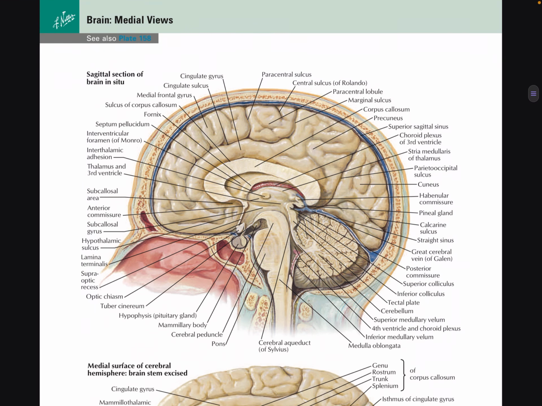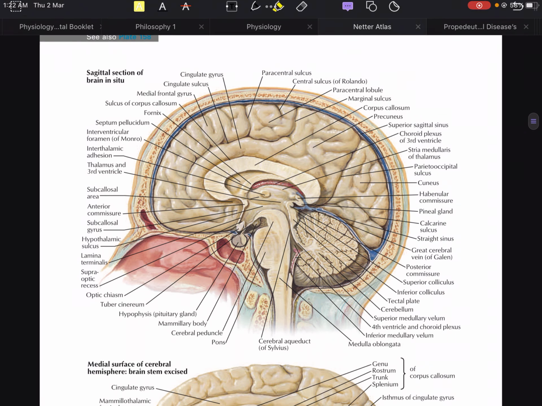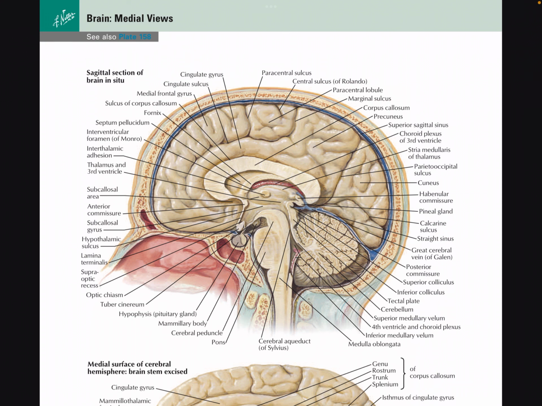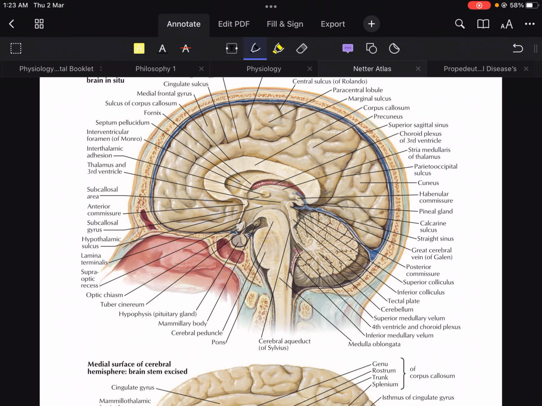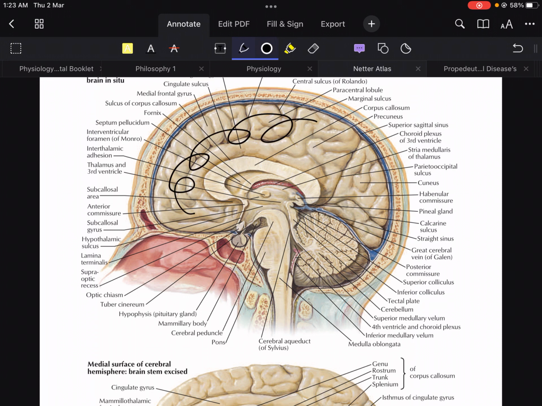At first, I want to show you this picture. It's a lateral view of the brain. The first part of our brain is the prosencephalon or forebrain, this part. From the skull, you know that in the skull bone we have different lobes, for example frontal, parietal, occipital, and temporal lobe.